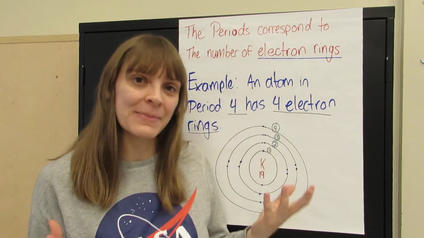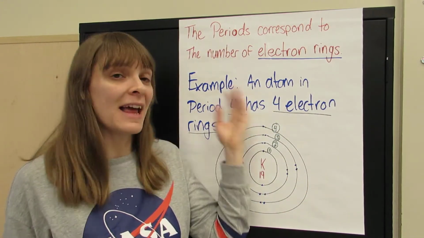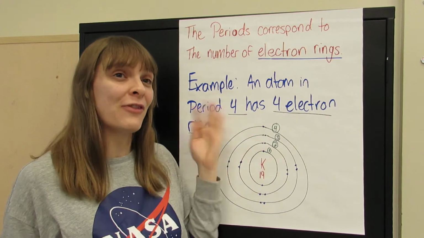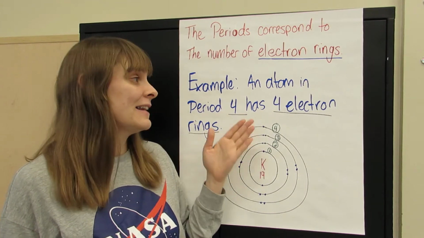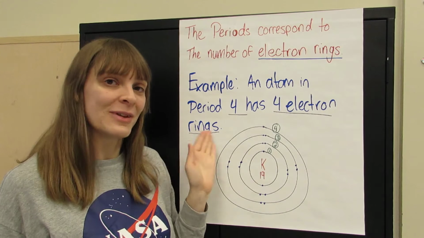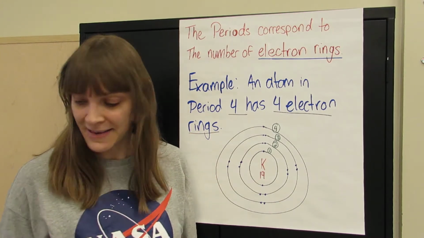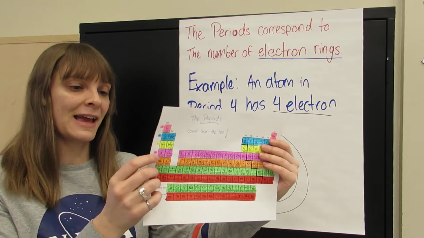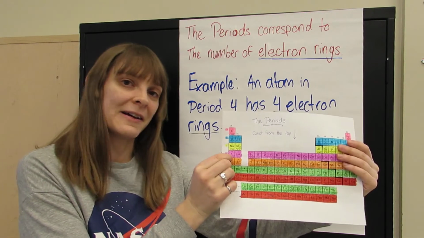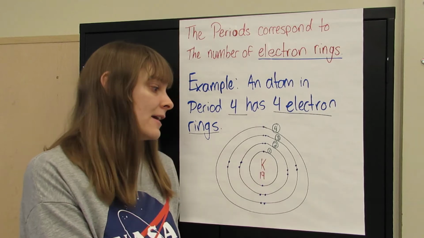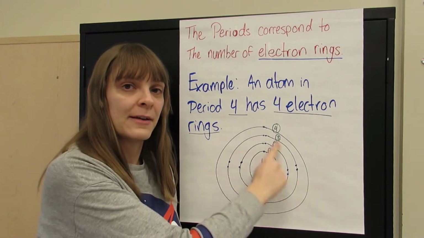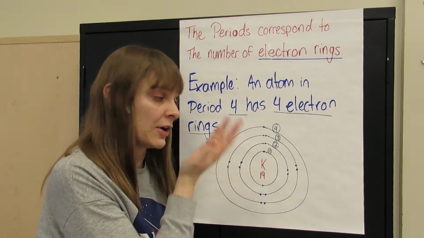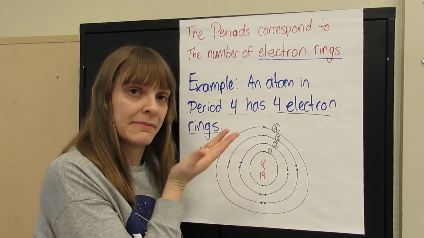Let's take a look at an example. If an atom is located in period 4, then it will have 4 electron rings. Now, potassium is located in period 4 right here. And I've drawn out the model that we would use for the potassium atom.